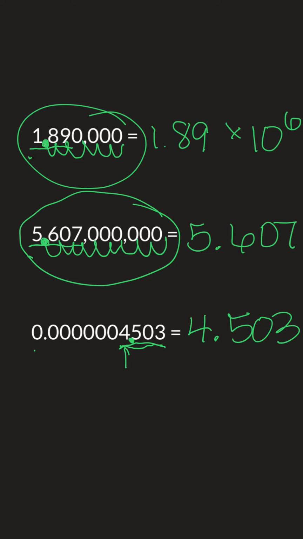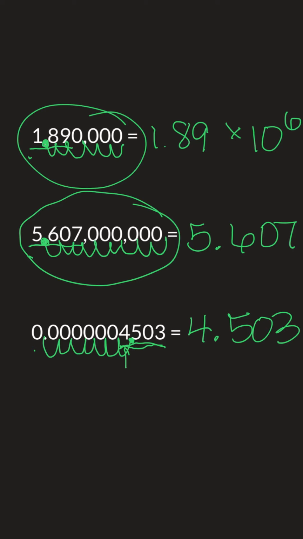And I'm going to count how many jumps it takes to get back to the original decimal point. 1, 2, 3, 4, 5, 6, 7. Because it took 7 jumps, it's going to be a 7. And because this number is less than 1, we're going to make it a negative 7. And there you go. That's simple.